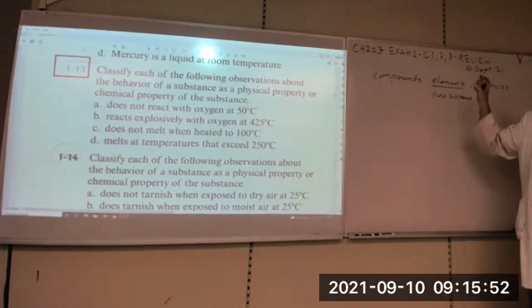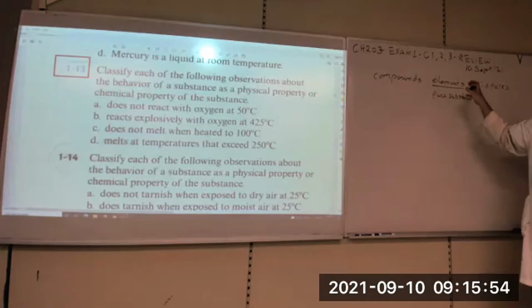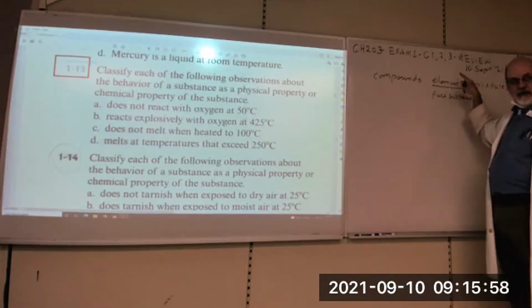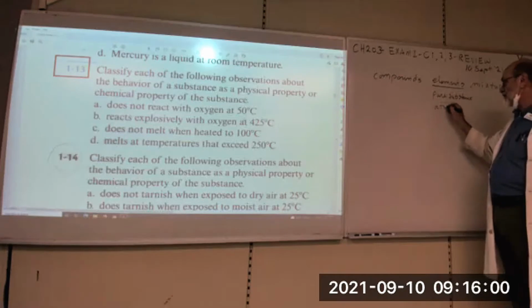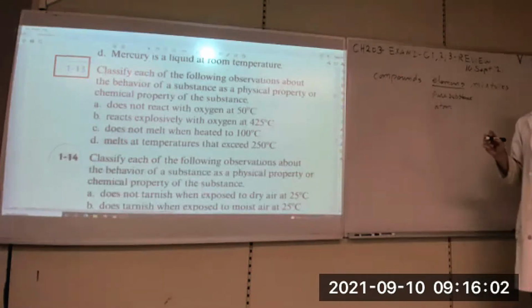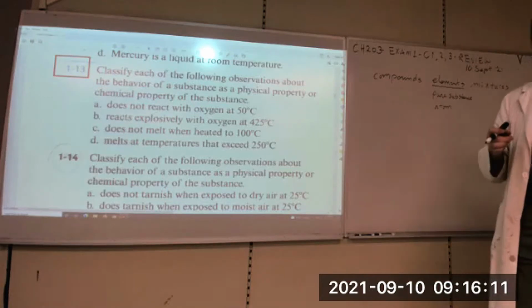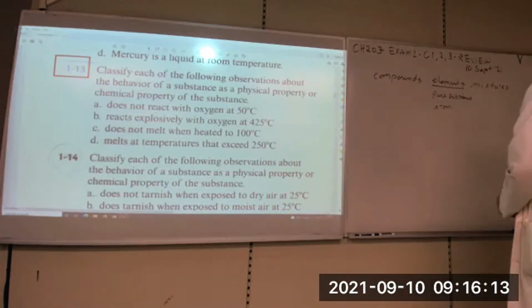The only way you can reduce it any further is to bust up the nucleus. Okay, that's an element. The simplest form of the element is the atom. And the atom of one element is different than the atom from another element. John Dalton taught us that one.